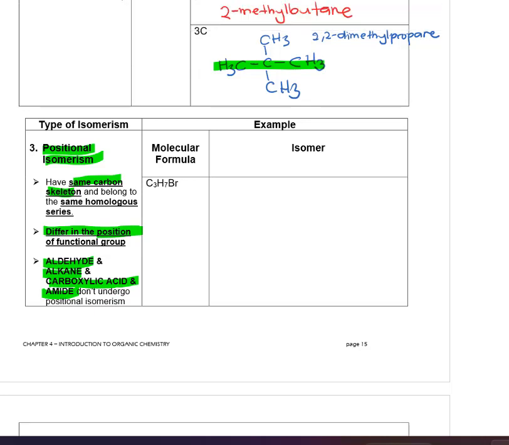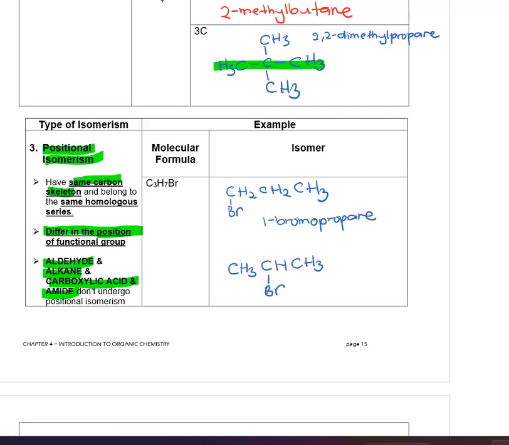So for example, here I have C3H7Br. I can place Br at the first carbon, so Br in position 1. We call this one 1-bromopropane. And then I move the position of Br to the second carbon.